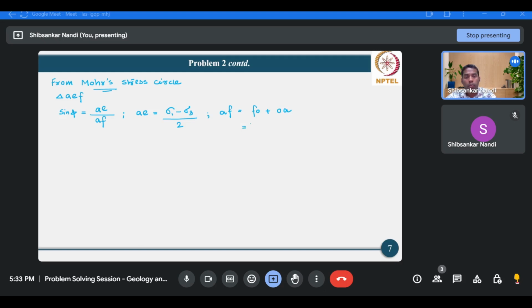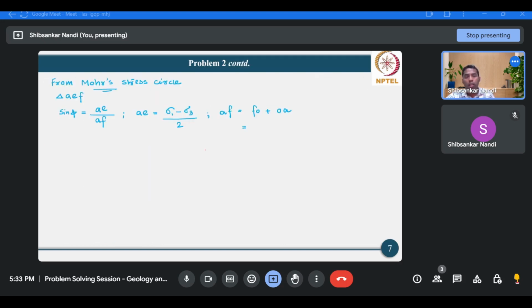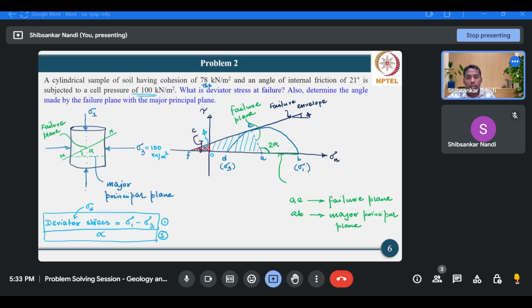Now for FO we need to consider the small triangle. From this small triangle we know this is the cohesion intercept C, and this is the angle phi, so FO will be C cot phi. This is from simple geometry, because this intercept divided by this intercept is simply tan phi.